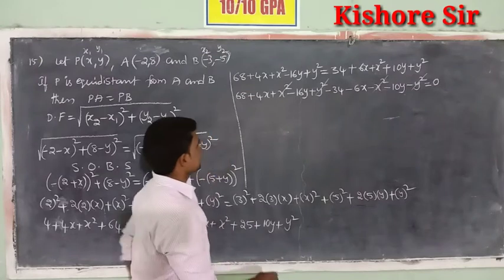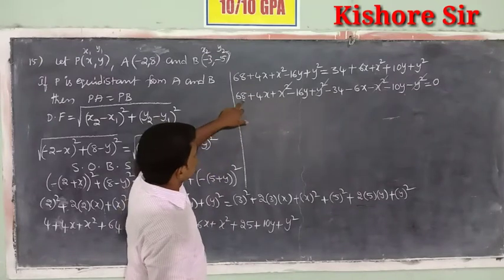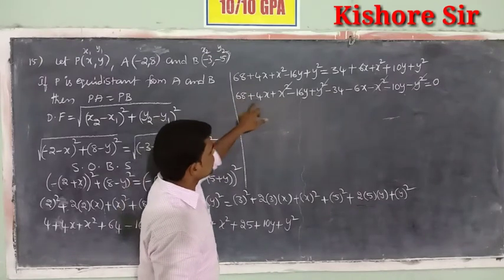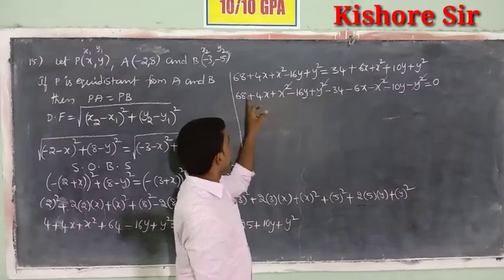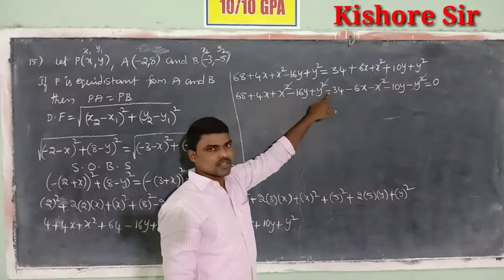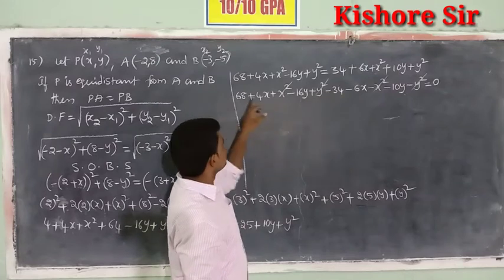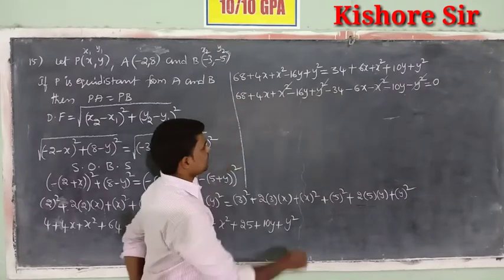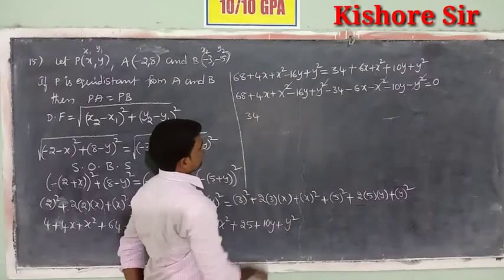So remaining terms: add constant terms, 68 minus 34. 68 has a plus symbol and 34 has a minus symbol, so 68 minus 34 is 34.